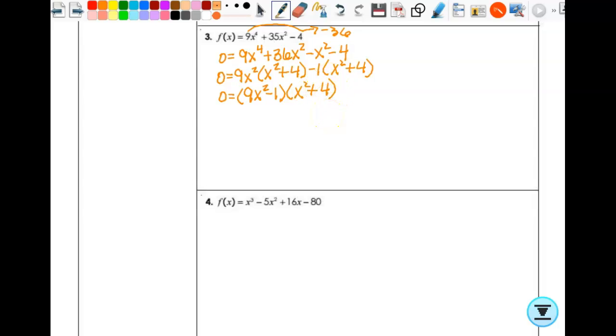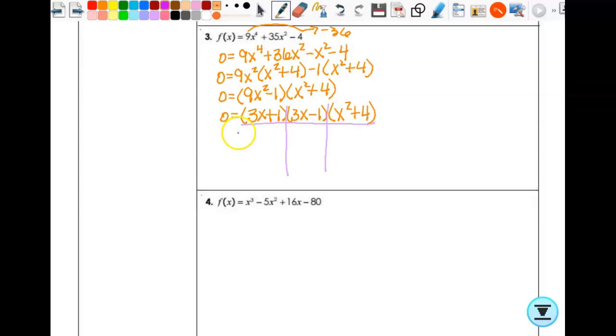Okay, can I factor this first one anymore right now? Is this a difference of squares? Yes, it is. So this is going to be equal to 3x plus 1 times 3x minus 1. This is not a difference of squares, so I'm going to leave it as x squared plus 4. Okay, so now I'm going to find my zeros.